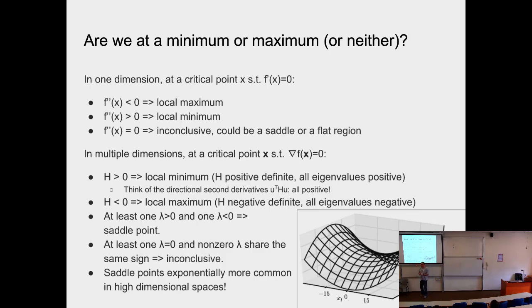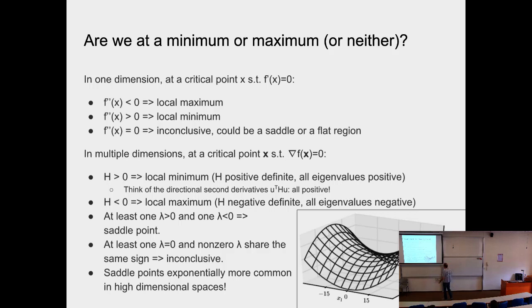If I have at least one positive eigenvalue and one negative eigenvalue, then I'm at a saddle point. And if I have a zero lambda, and all non-zero lambda share the same sign, I don't know where I'm at, because according to some directions I'm flat, according to other directions I might be positive or negative.